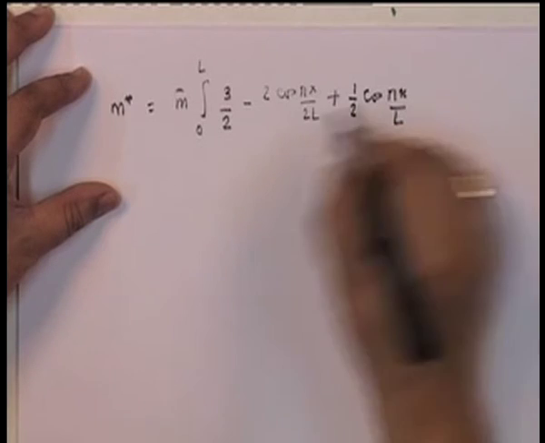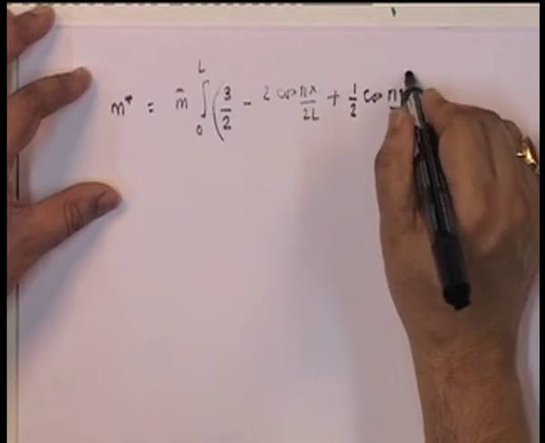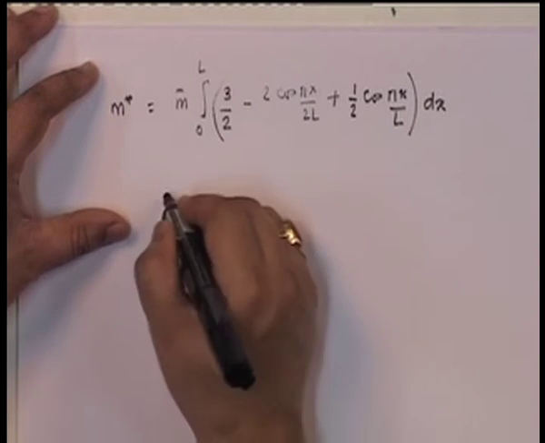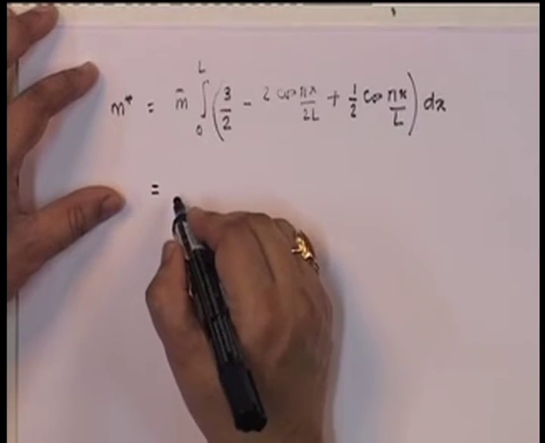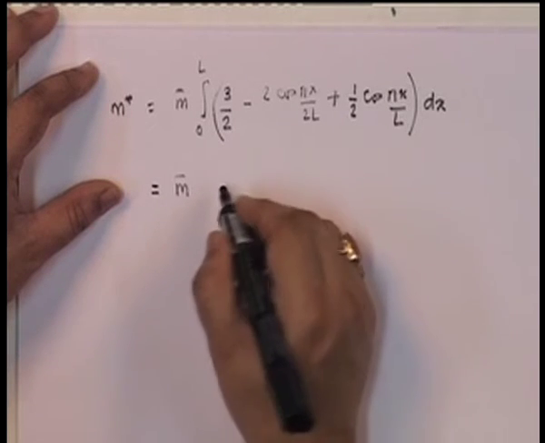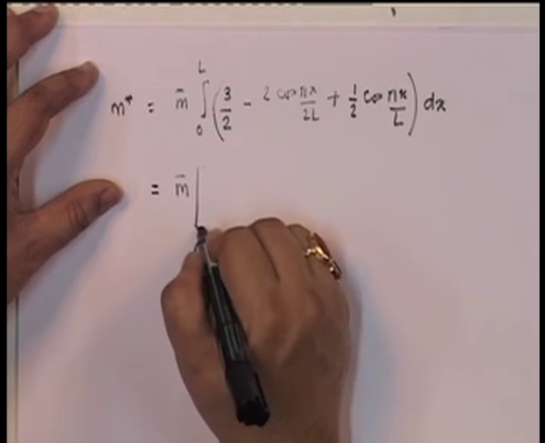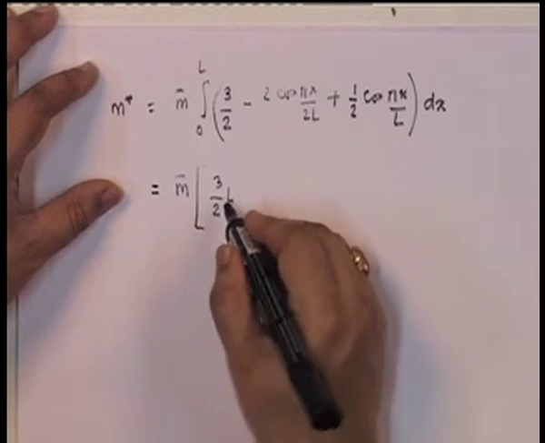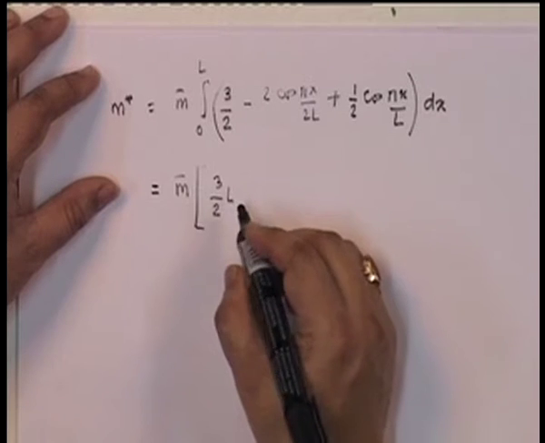So, this is what we get, into dx, and this becomes m bar, and then inside I am going to put 3 by 2 L.